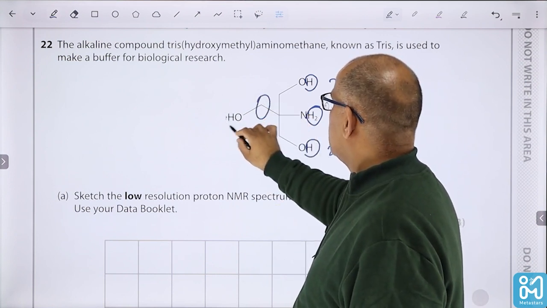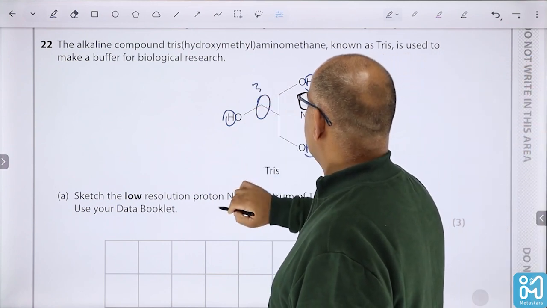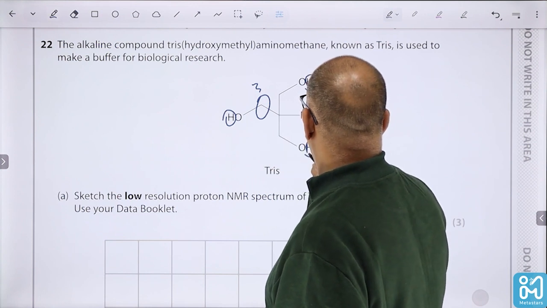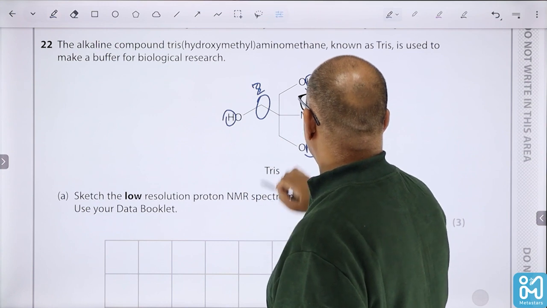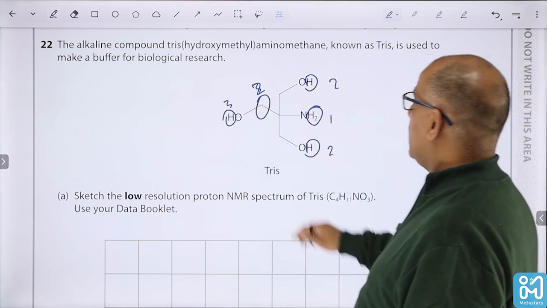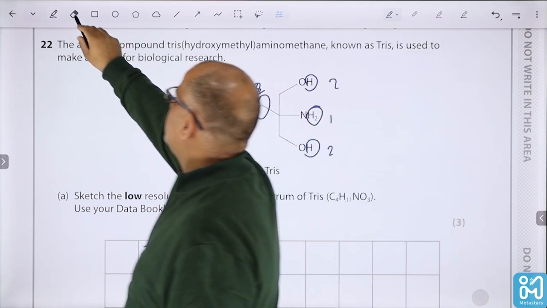As you can see, this is 2 and this is a 3 because they are identical. Let me repeat that.